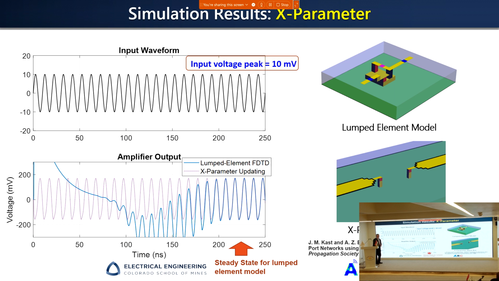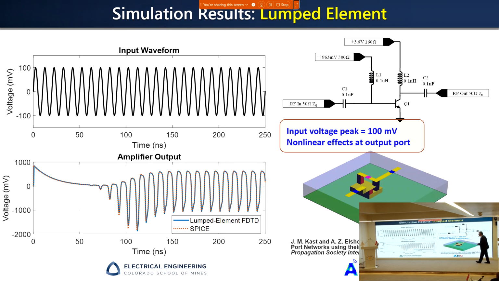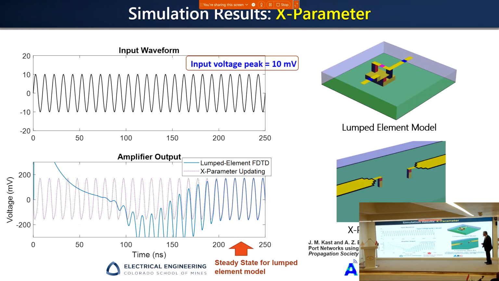A huge advantage in terms of having the device act immediately as it's supposed to, right away. You don't have to wait. And you can see it is stable all the time. The lumped element and the B-Spice was not stable from the very beginning. Okay, and this was done with a signal that has 10 millivolt.